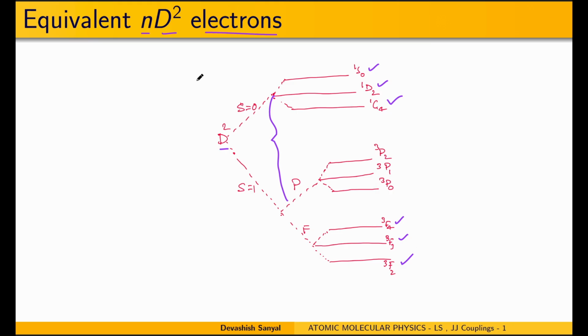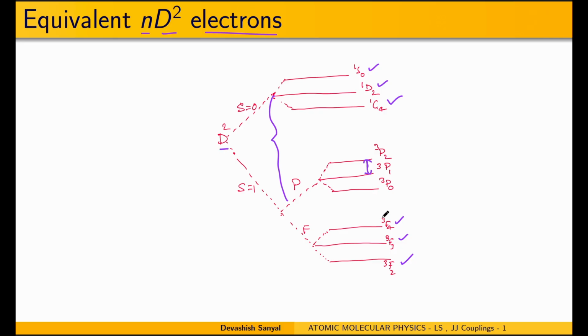So this is how, if we consider two equivalent d2 electrons, the LS coupling scheme is like this: S equal to 0, S equal to 1, then the splitting occurs due to the spin-orbit coupling between the orbital angular momenta. Here the orbital angular momenta are the same, so this is basically LS coupling that determines this splitting.